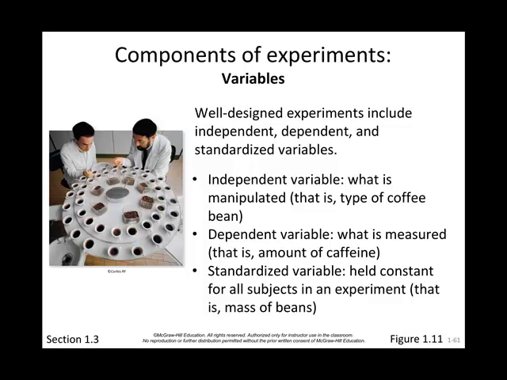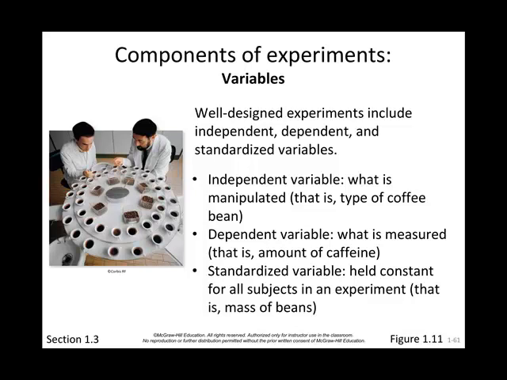Now, the dependent variable would be what is being measured, or the data that's being collected from the experiment. In this case, they are looking at the amount of caffeine in the different kinds of coffee beans. So the dependent variable would be the amount of caffeine. Lastly, all the standardized variables are variables that we keep the same throughout the experiment.